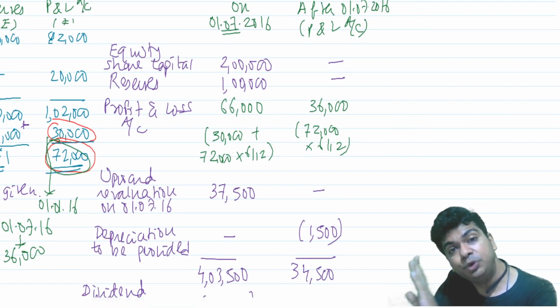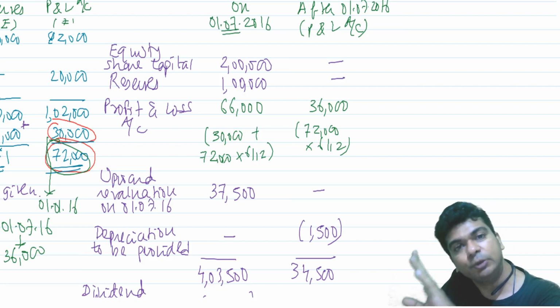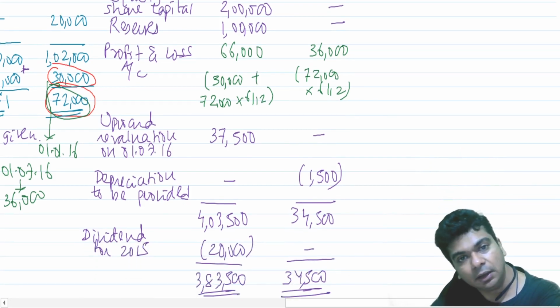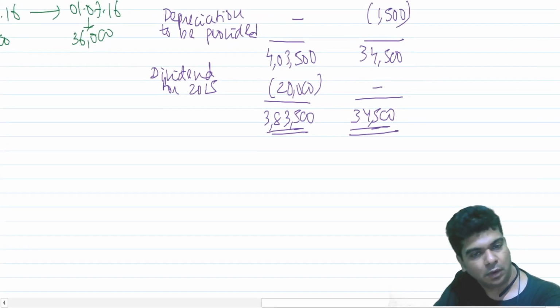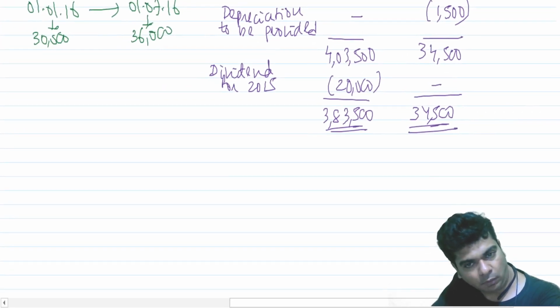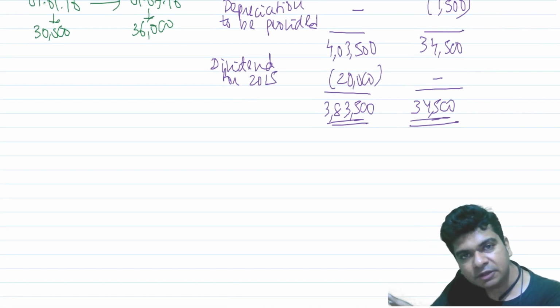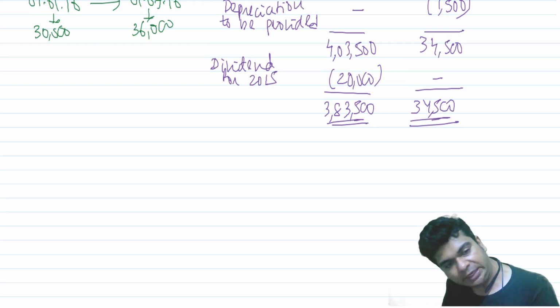Profit earned up to 1st July 2016 is pre-acquisition. So obviously the profit earned in 2015 will also be pre-acquisition. And that's the reason we are giving effect in the pre-acquisition profits. So very well, we have been able to do the working for the pre and post acquisition analysis, which is the second principle of consolidation.